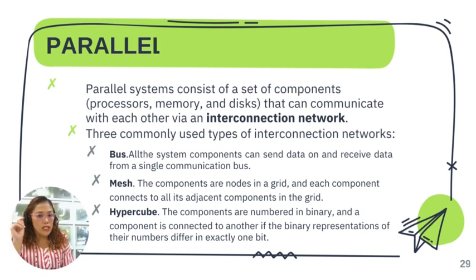When you say mesh, the components are nodes in a grid, and each component connects to all its adjacent components in the grid. Whereas in hypercube, the components are numbered in binary, and a component is connected to another if the binary representations of their numbers differ in exactly one bit.